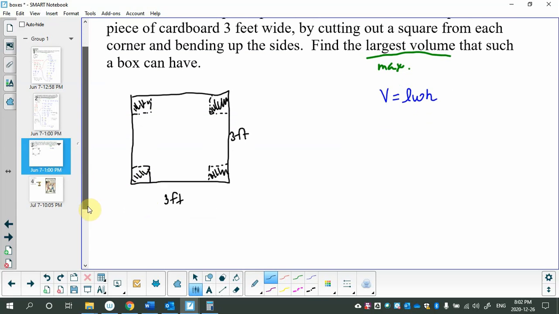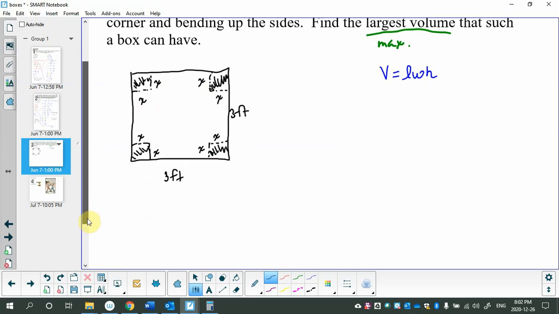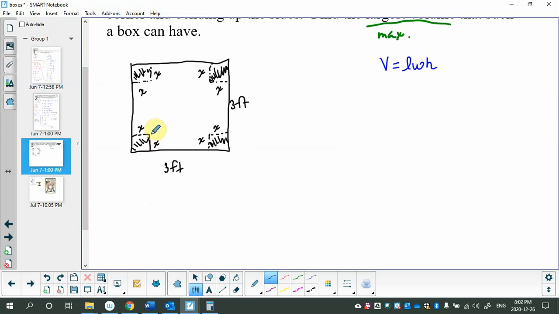And because we don't know what the dimension of the square is, but we know it's a square, all these little pieces have a side of X. Now, you don't need to put them on. You could put the little ticks on, but I'm just finding it easier to do that. So what happens is you bend up this side here, and it becomes the front of your box, which for me I'm going to draw more like a tray.